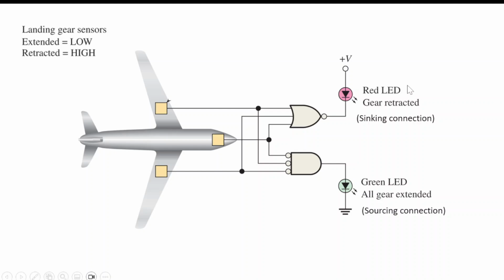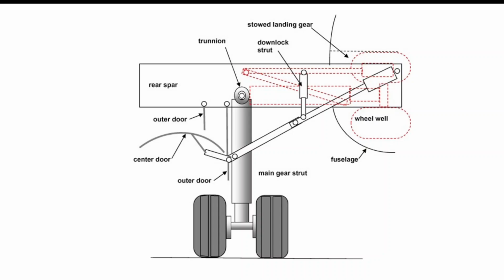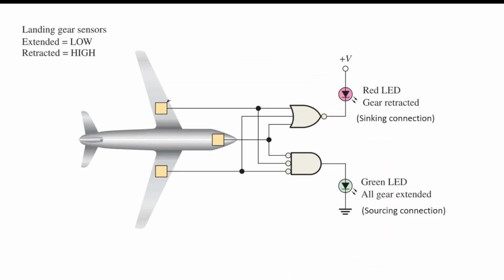The red LED will come on when the gear is retracted. This is a sinking connection. Over here, the green LED, all gears extended. So this is a sourcing connection. So red light, green light, two different types of logic gates. And this is the landing gear that we're kind of referring to on the aircraft.